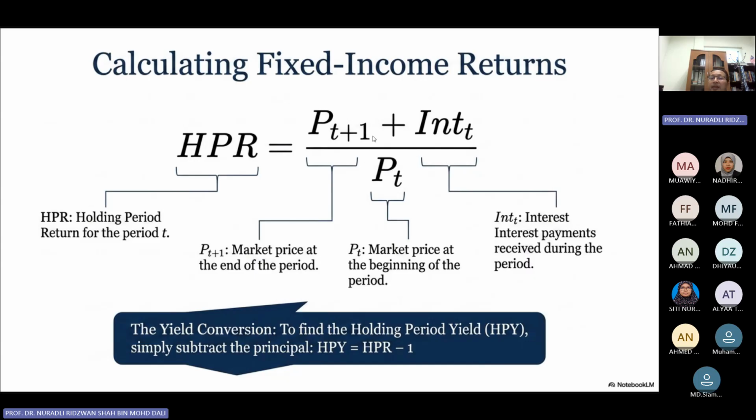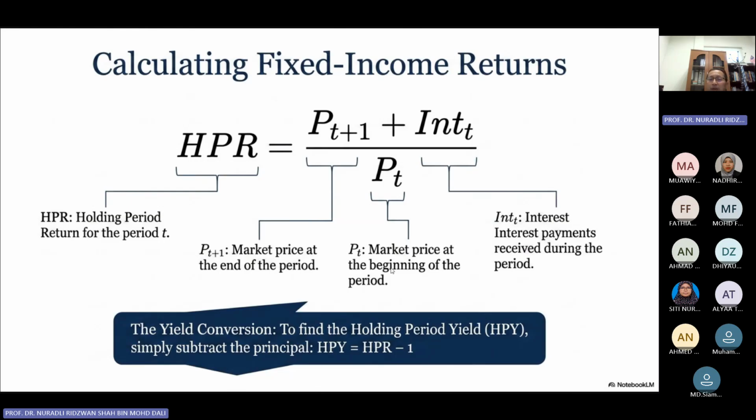So that is HPR. But how do you get the annual yield? You just take all this minus 1, which means you minus the initial principal.